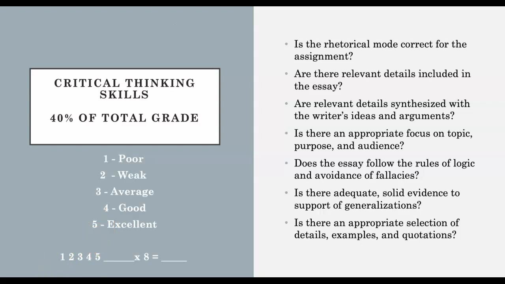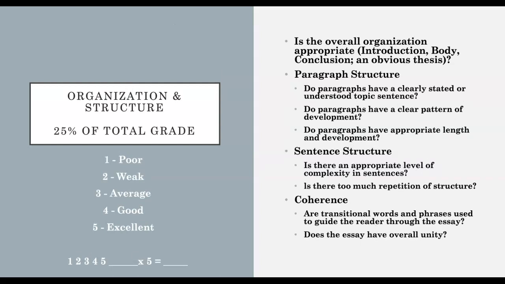And are there appropriate selections of details, examples, and quotations if needed? I'm going to look at all that. And if I see that you're getting the job done, but not really looking any deeper than just supporting the thesis, I probably will give you a 3 or a 4. If you do all these things really well, obviously a 5.